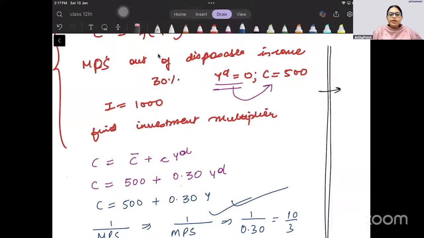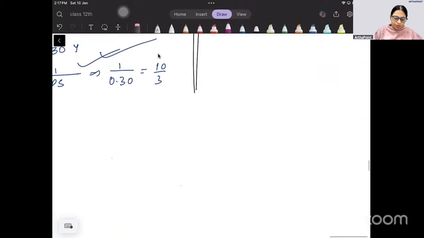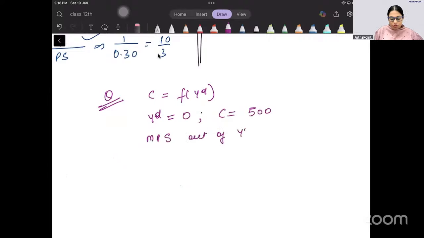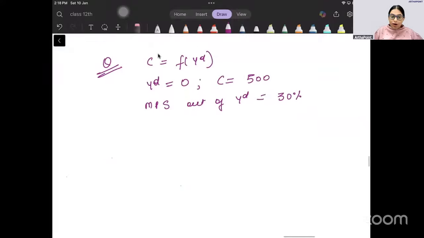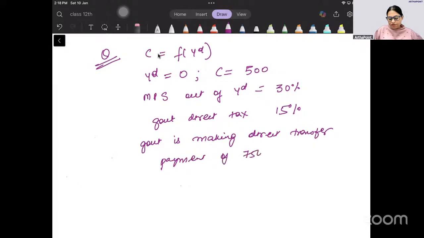Now, here is the tricky question. Suppose I change this question, and I give you the same setup. Consumption is a function of disposable income. When disposable income is 0, consumption is 500. Marginal propensity to save out of disposable income is 30%. But now I am telling you that the government is collecting a direct tax of say 15%, and I'm adding another trickiness that the government is making a direct transfer payment of 750 per year.